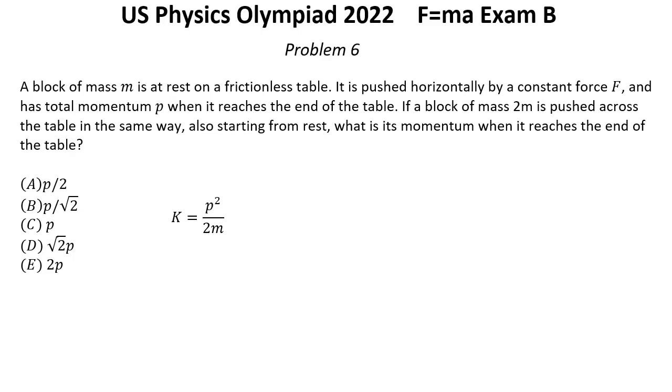It means that for constant kinetic energy, momentum must be proportional to square root of mass. It means that the new momentum for mass 2m equals square root of 2 times P, which is answer D, and that was the solution for problem number 6.